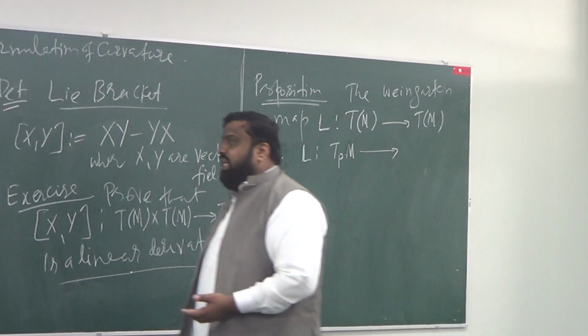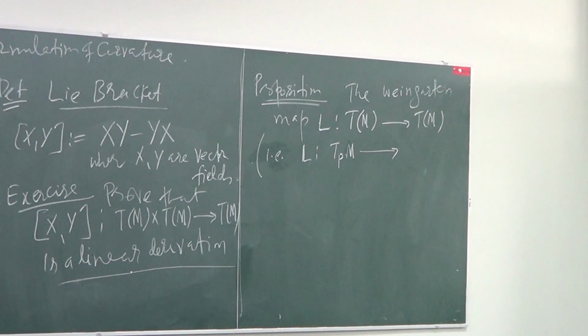So what you can see is that the Weingarten map is like taking the point P here, drawing a tangent space here, and taking the point here, drawing the tangent space here. Then the Weingarten map is a map that takes the tangent vectors from here and throws them onto this tangent space. But we can actually prove that this tangent space on the sphere is the same as this tangent space.